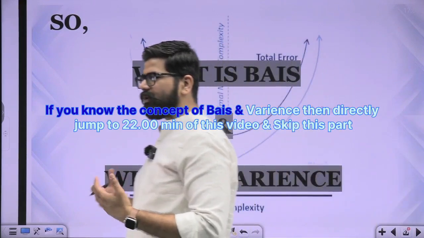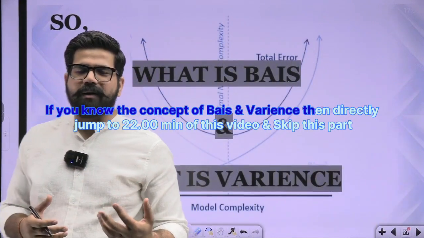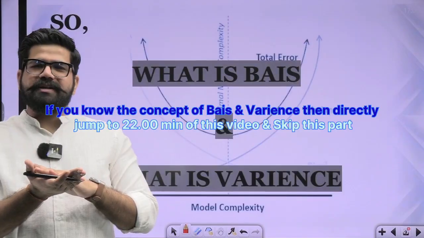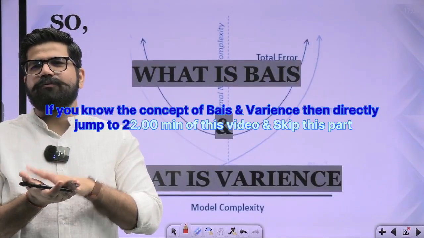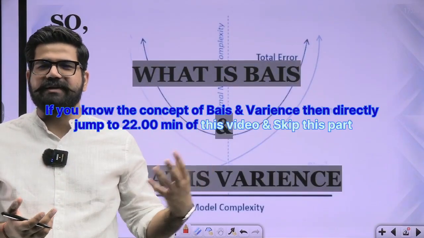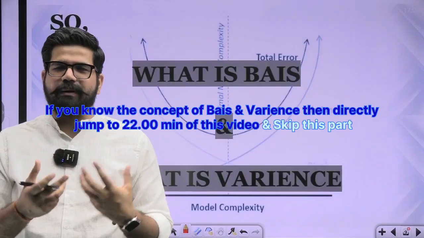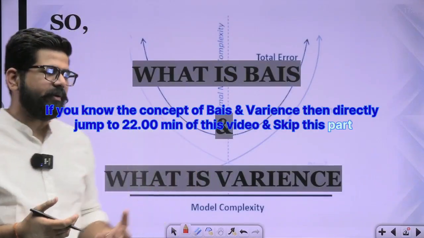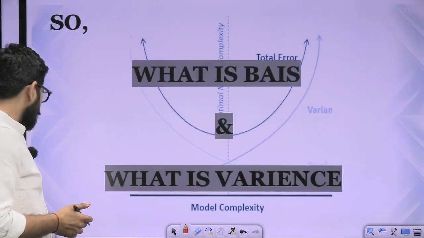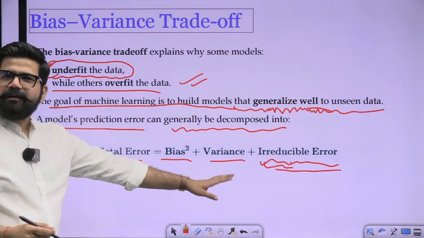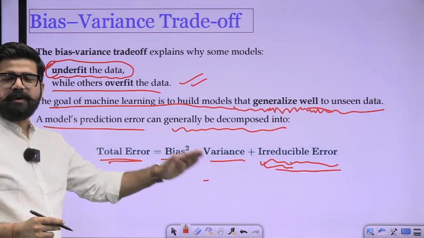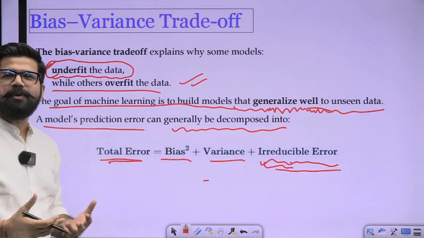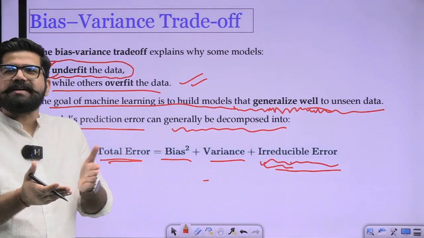Sometimes we have studied multiple things, but you are unable to understand the basic concept of what bias and variance are. So we have added a few slides here to give you an understanding of bias as well as variance. Since we have already studied this formula, bias squared plus variance plus irreducible error, but still most of the students are unable to understand the basics of bias as well as variance.